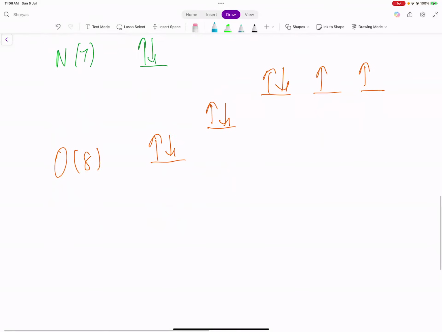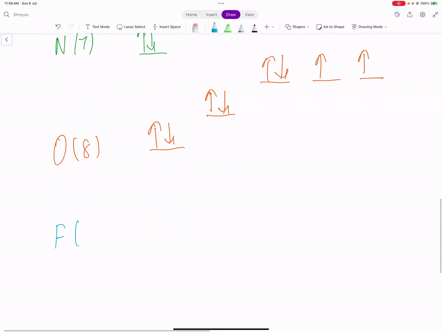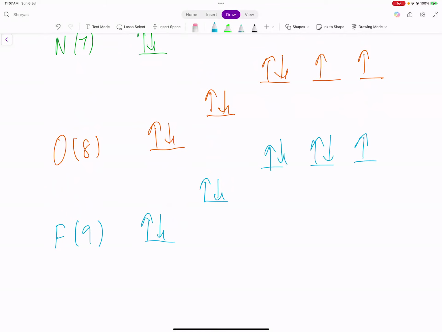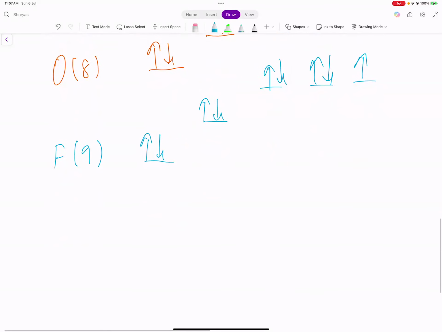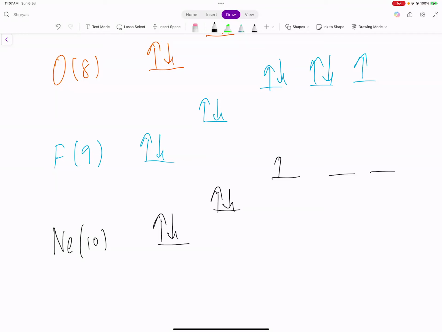Fluorine, 9. Seven, got it? And finally, first we'll do like this.